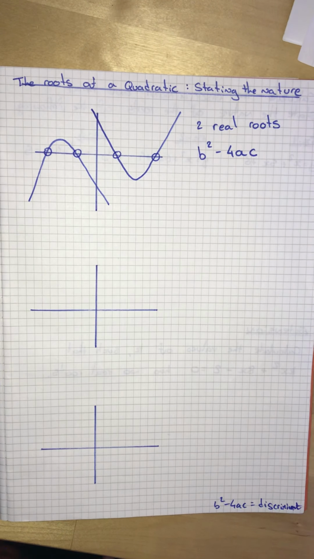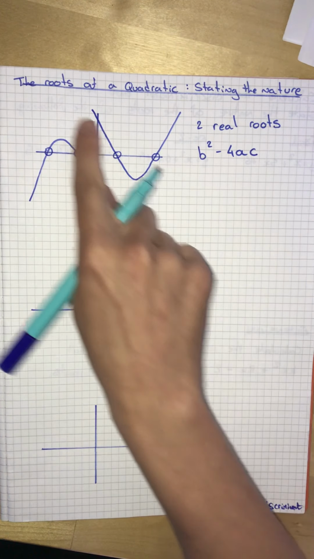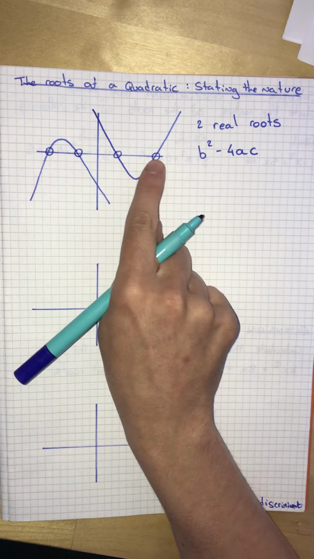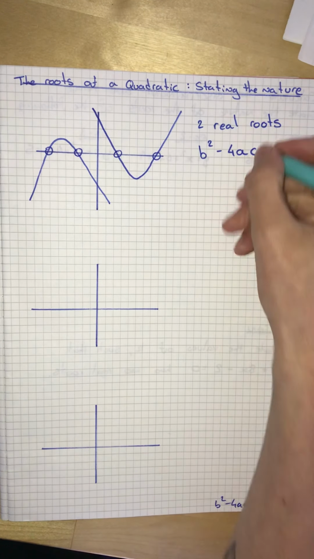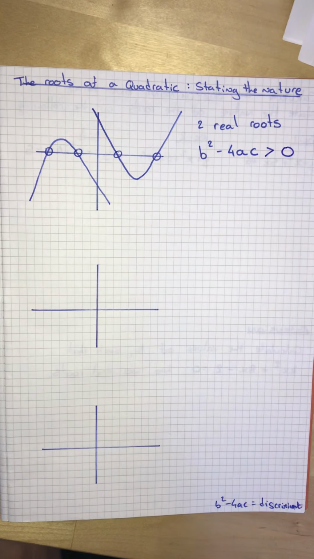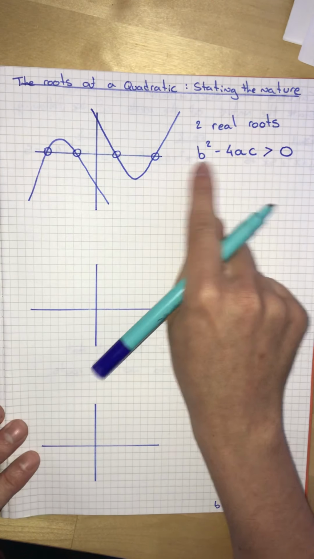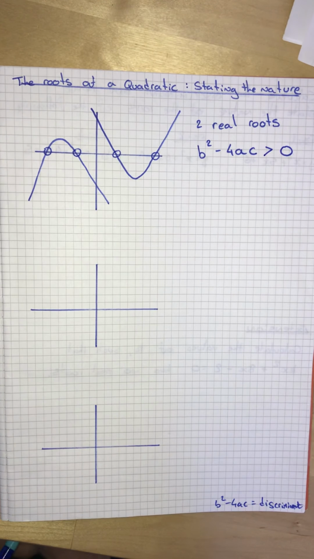Okay? And if I calculate the discriminant for a quadratic equation with two real roots, that's going to give me a discriminant value which is greater than 0. Okay? So two real roots will have the discriminant greater than 0.